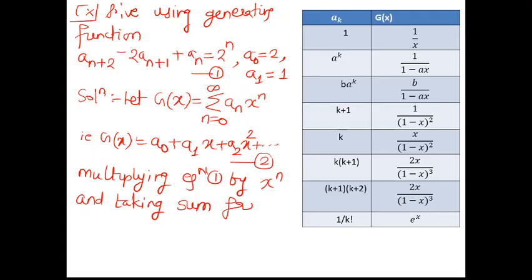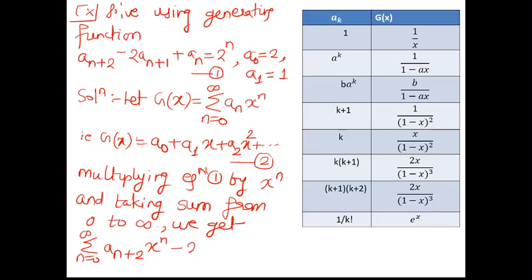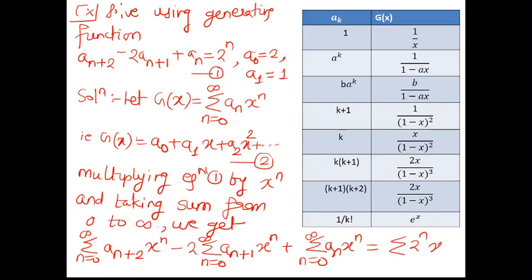So taking the sum from 0 to infinity, we get summation n equal to 0 to infinity a(n+2) x to the power n, minus 2, being a constant, take it outside, again summation from n equal to 0 to infinity a(n+1) x to the power n, then plus summation n equal to 0 to infinity a(n) x to the power n is equal to summation, again multiplying this by x to the power n, sum from 0 to infinity.